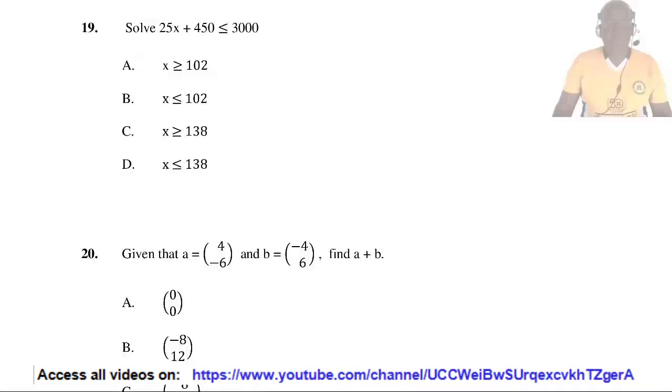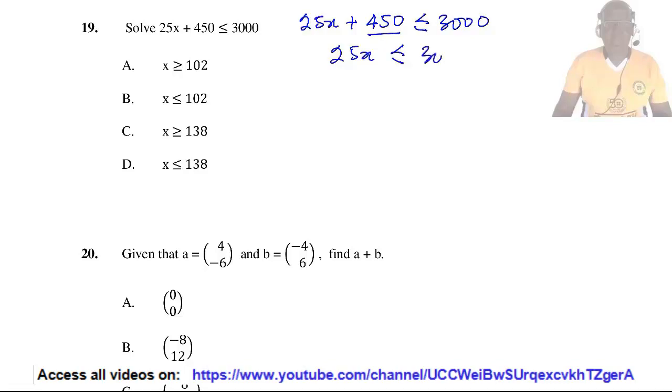Question 19. Solve 25S plus 450 is less than or equal to 3,000. That is 25S plus 450 is less than or equal to 3,000, or 25S, we shall send 450 to the other side of the equation. The sign will reverse to minus 450. So 3,000 minus 450.